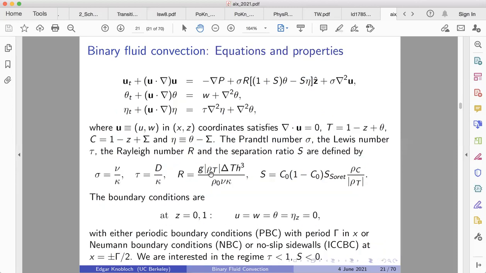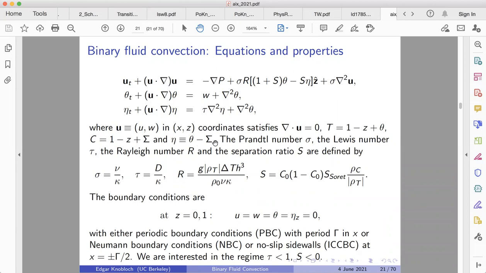So here are the equations. They've been non-dimensionalized in the usual way with respect to the thermal diffusion timescale. So the top equation is just Navier-Stokes. There's a pressure gradient, there's a buoyancy term here, and there's viscous diffusion. I have an equation for the temperature fluctuation around the conduction state. So that's defined here. And I have an equation for something I'll call eta, and eta is a convenient parameter to introduce here.